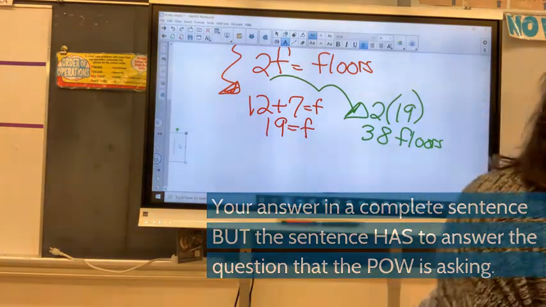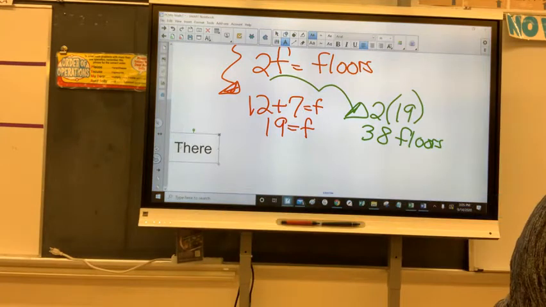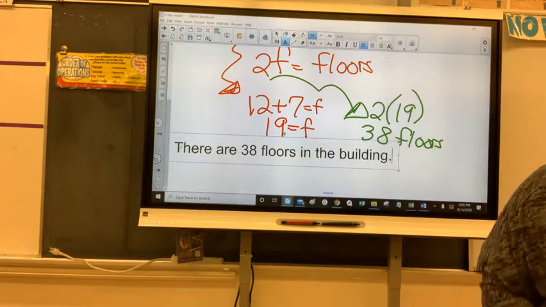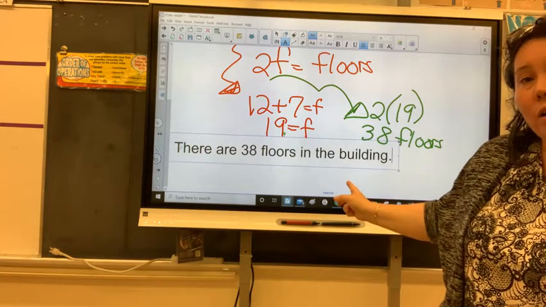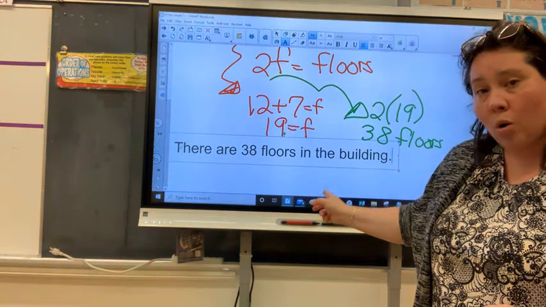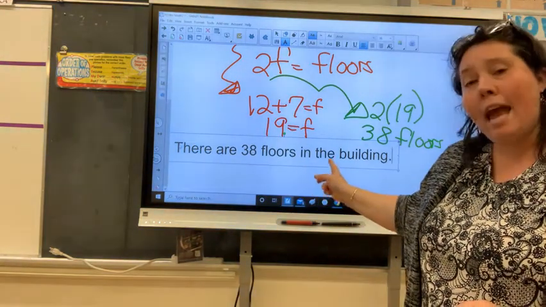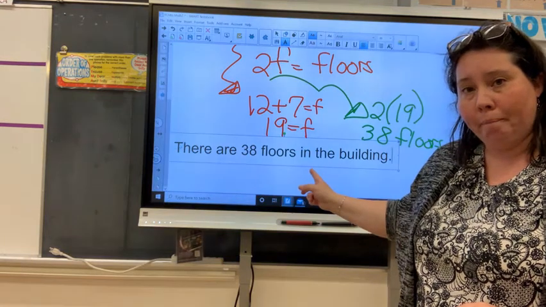My answer would be, there are 38 floors in the building. That is an answer that satisfies the question the word problem is asking.